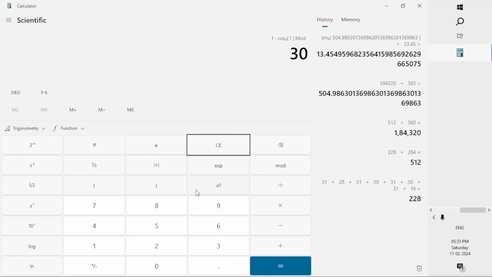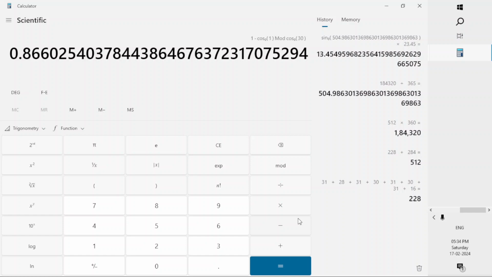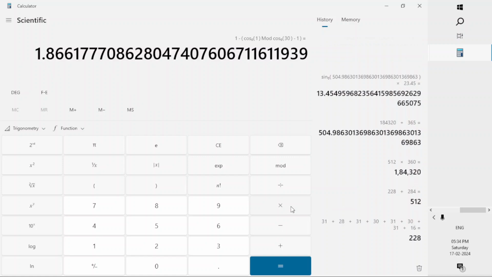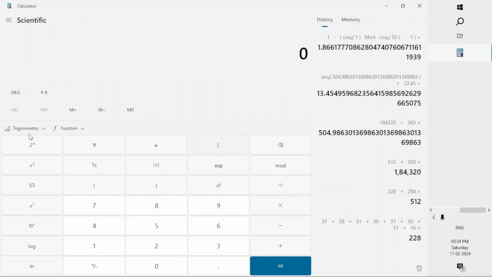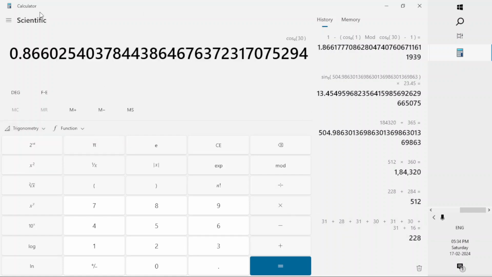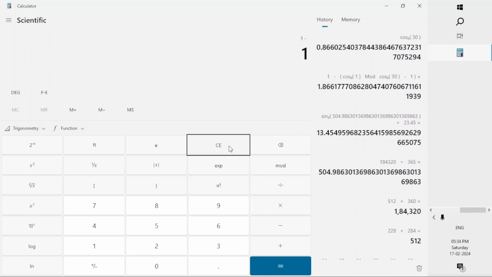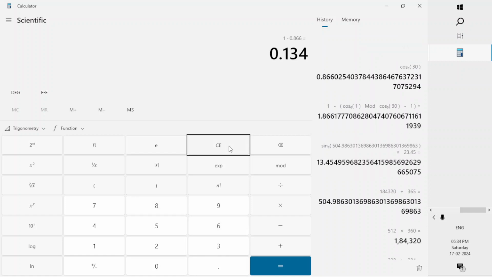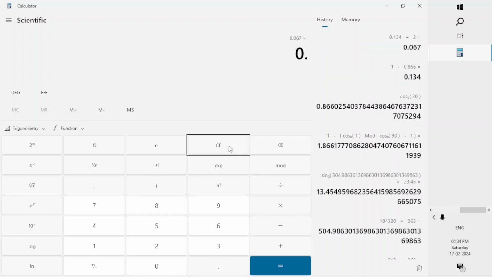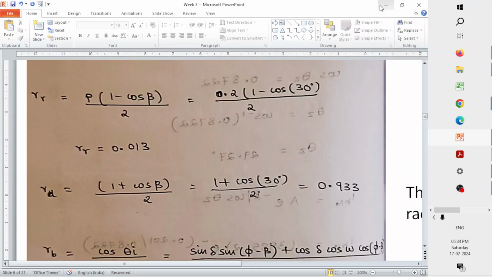Cos 30 is 0.866. So 1 minus 0.866 divided by 2 into 0.2 gives 0.013, taken up to three decimal places. So this is the tilt factor for the reflective radiation.